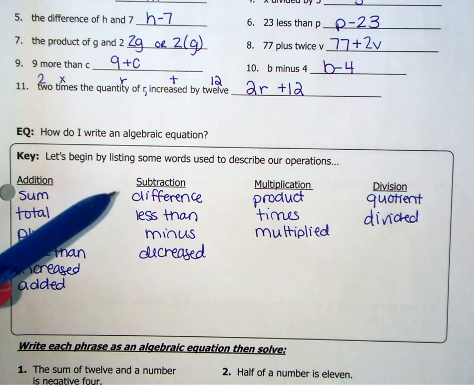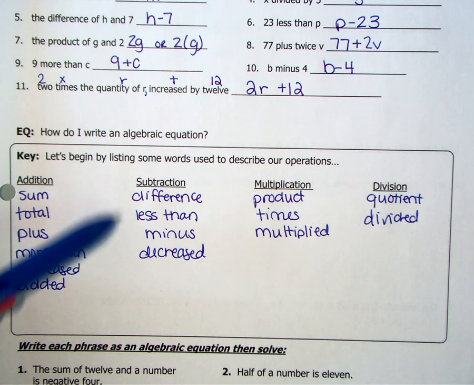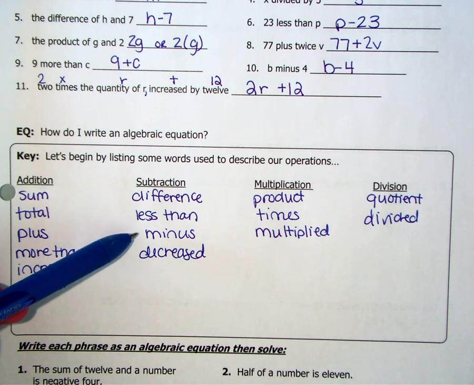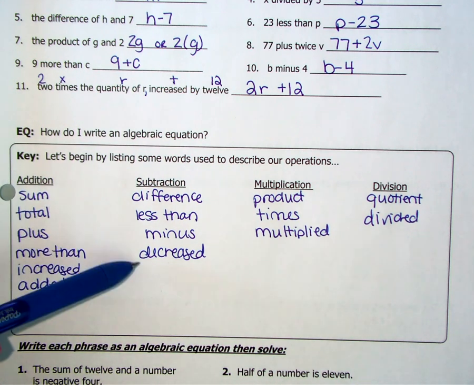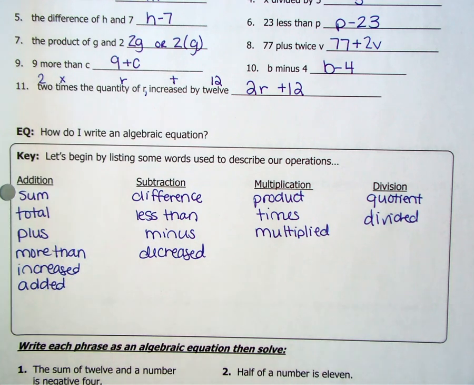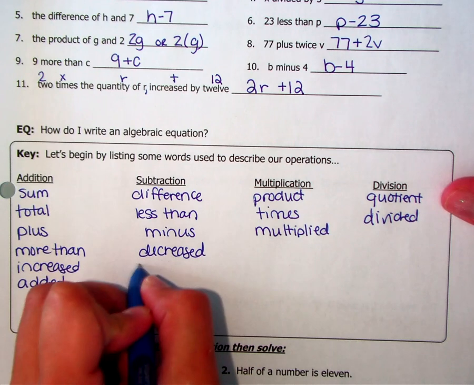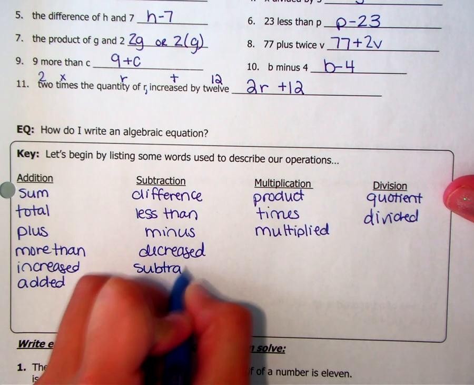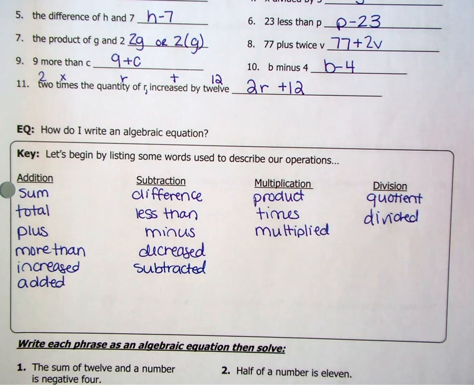Alright, subtraction from up above, we should have difference, less than, minus. We had increase for addition, so I add decrease for subtraction. What else did we have for subtraction? Subtracted, using the actual word. Anything else? Taken away.